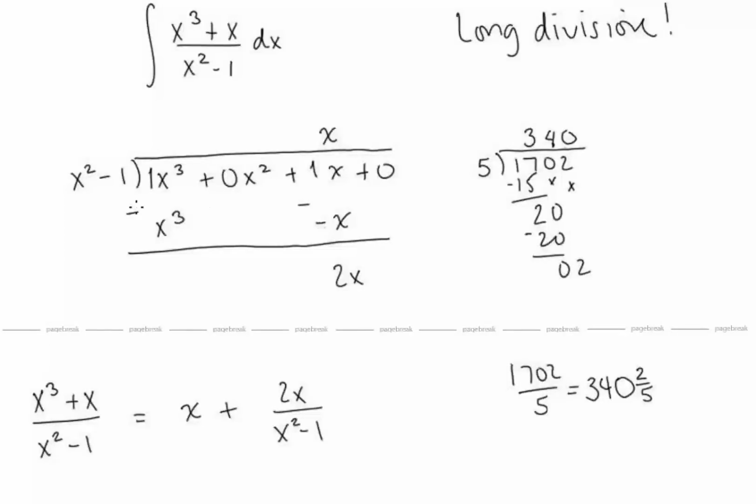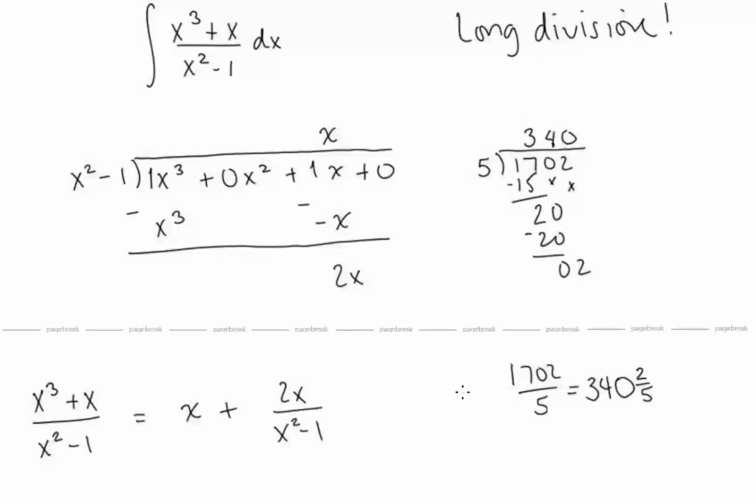And then we subtract. Here we get 0, here we have 0, here, now this becomes plus x, so we have a 2x. And we bring down our 0, and we realize that x squared minus 1 does not go into 2x. So x to the third plus x over x squared minus 1 is equal to x plus 2x over x squared minus 1.